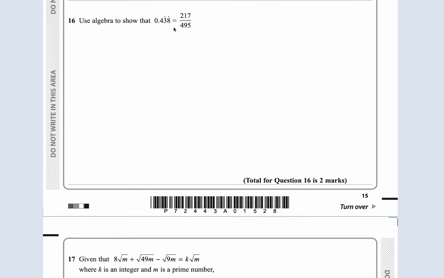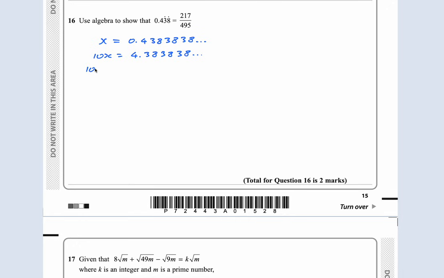Use algebra to show this. Okay, so guys, I like these questions because there's a way to do it that we know, and the questions are always the same. So x is equal to 0.4383838 dot dot dot. I then do 10x, multiply this by 10, and I get 4.383838 dot dot dot.